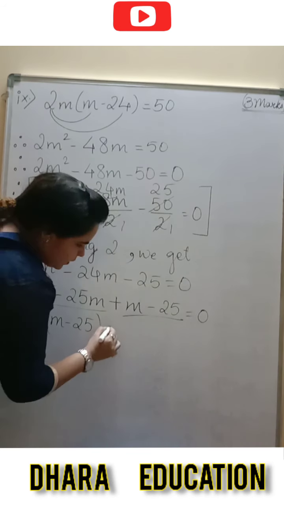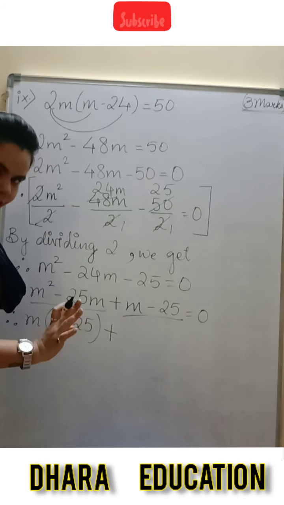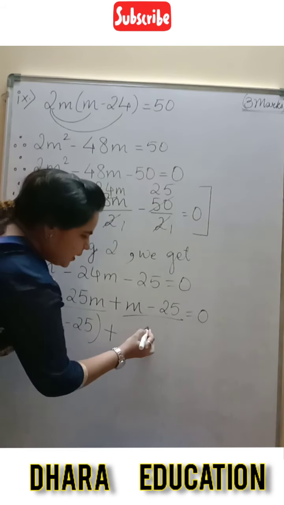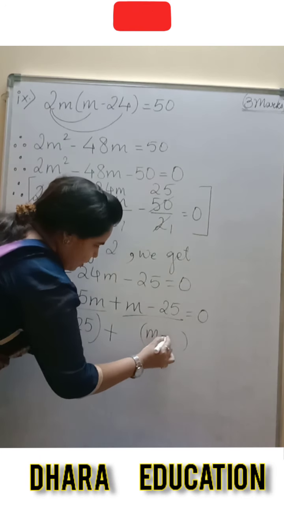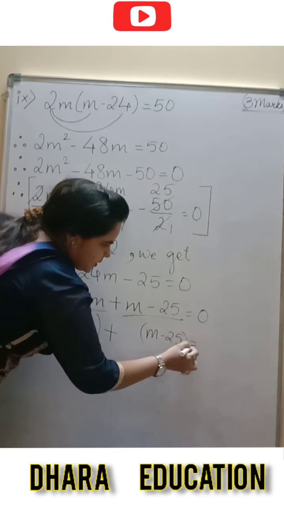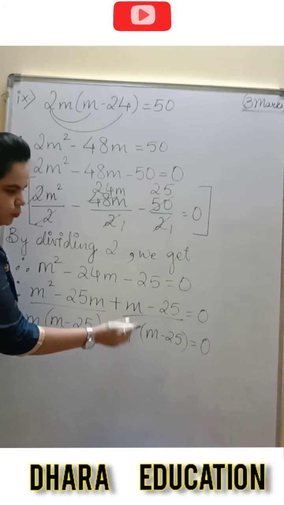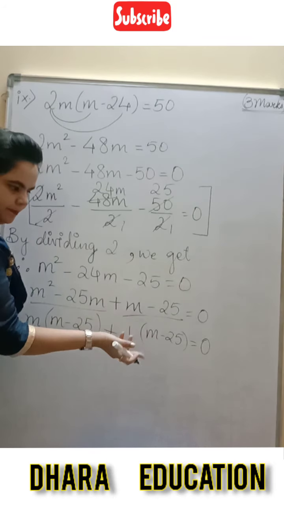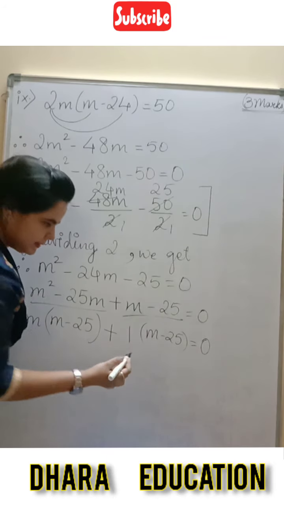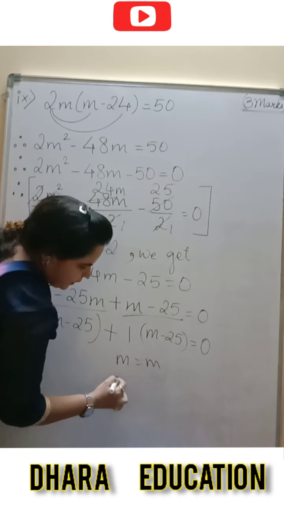So now plus, as it is, we have to take the sign. No changes over there. Then here also the same term we need to use, m minus 25 is equal to 0. So what we have to put here is 1 to fulfill this pairing. 1 multiplied by m gives you m. m is equal to m, 25.